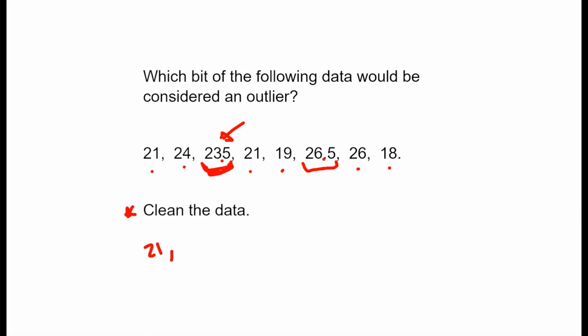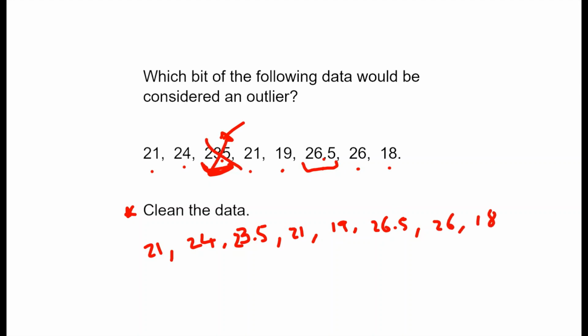So here, because of the other data, I would suggest we correct it into 23.5 and leave the rest of the data alone. We could also remove that data point completely and leave it with all the other values bar that one.